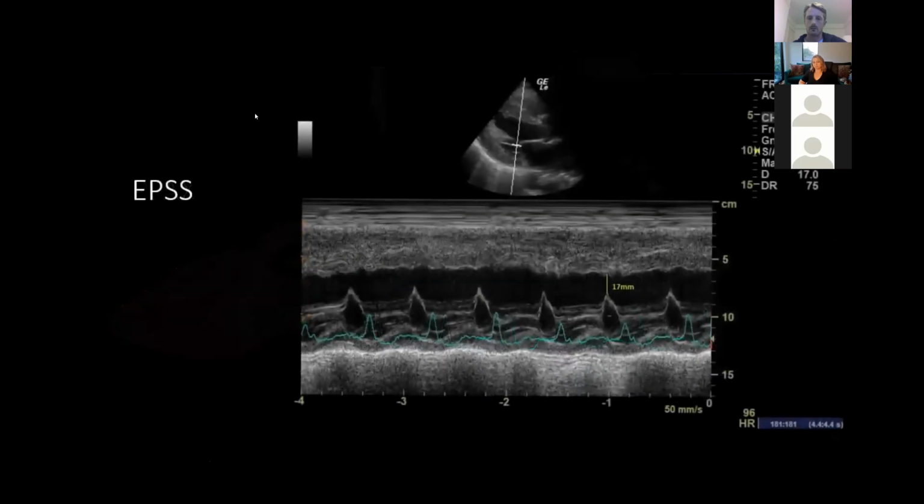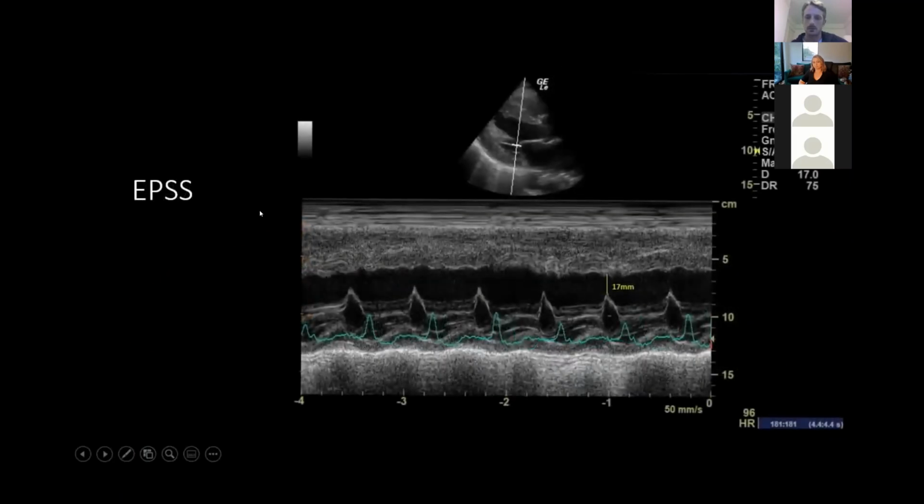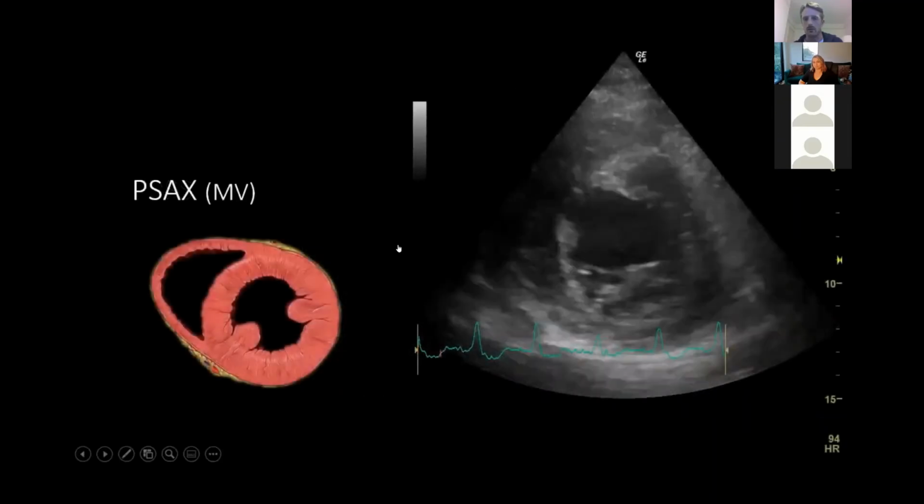This is something we can measure using what we call EPSS, the E-point septal separation. I'm not going to go into it in much detail here, but essentially anything over 7 millimeters is considered abnormal and is predictive of a poor ejection fraction. So this is significantly increased. So we think the ejection fraction is a little bit down there.